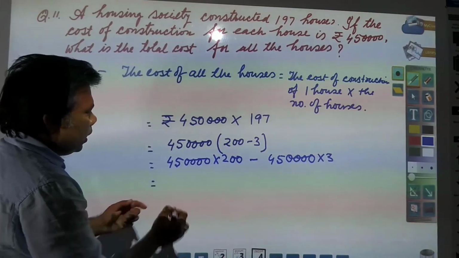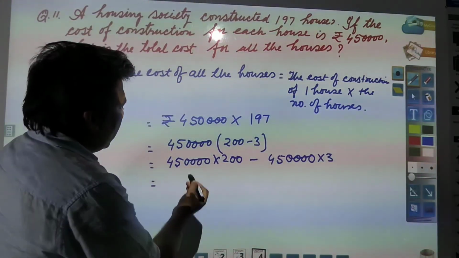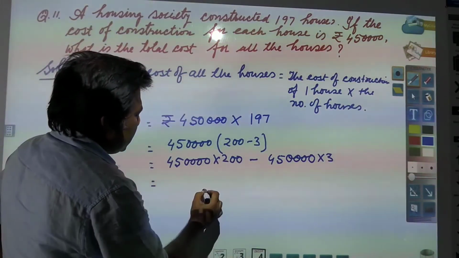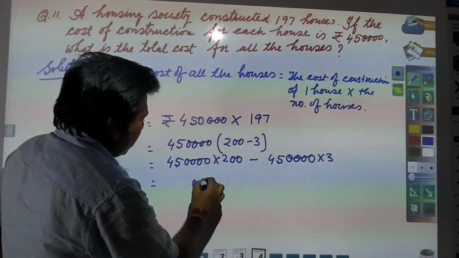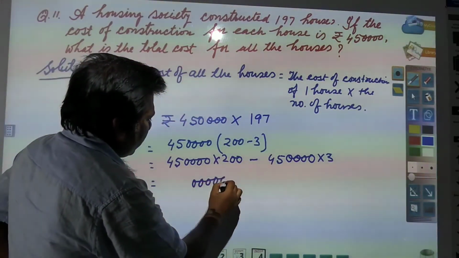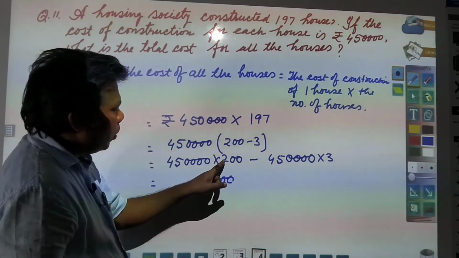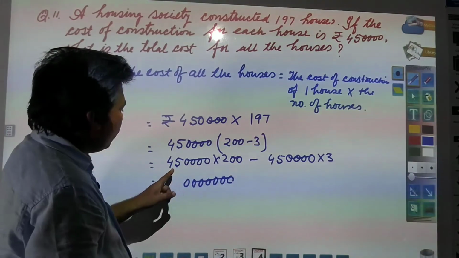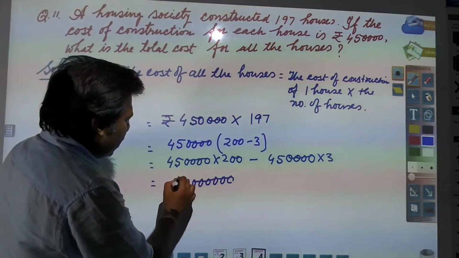Now you see, if you are multiplying this, what you will get? First of all, 0 you count, 1 2 3 4 5 6 zeros you will be having. Now 2 5s are 10, 2 4s are 8 and 1 is 9.